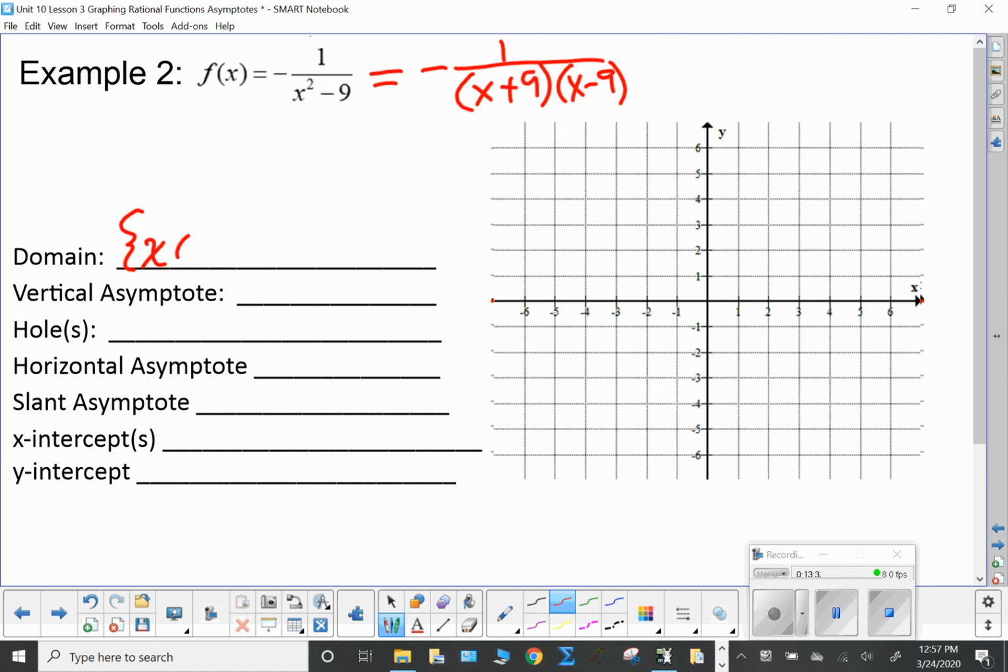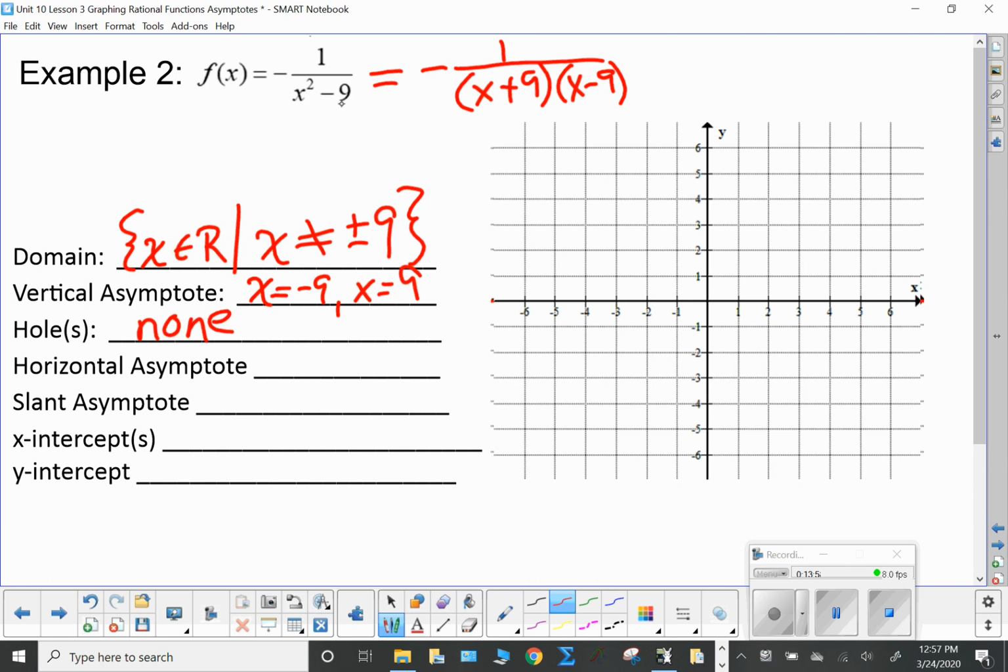Well, x is an element of real numbers, but x cannot equal plus or minus 9. If it does, it's undefined. Nothing cancels, therefore x equals -9 and x equals +9 are my vertical asymptotes. Nothing cancels, so there are no holes.